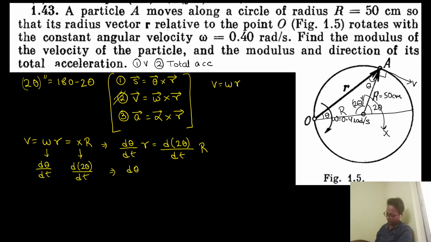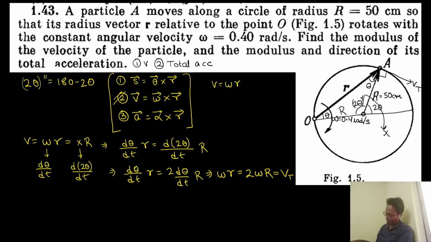Can I take this 2 outside since it is a constant? 2 into d theta by dt into capital R, or omega r is equal to 2 into omega capital R. Understood? Which is equal to the tangential velocity of the particle.